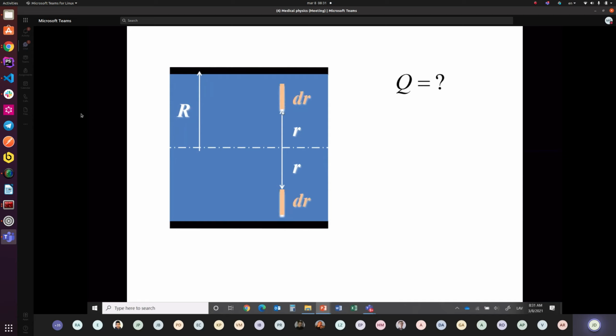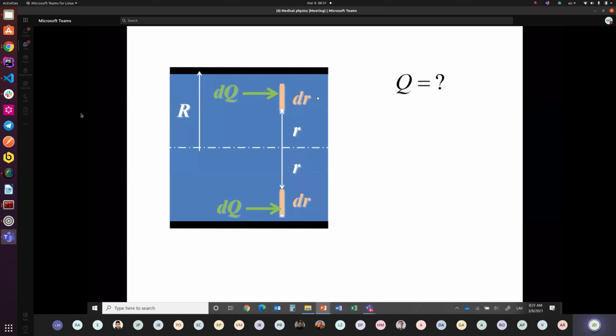Next, he said there is some ring, a very, very small ring, that has a width dr, and the pressure works on this ring. If so, there is some flow dq that is localized within this ring.